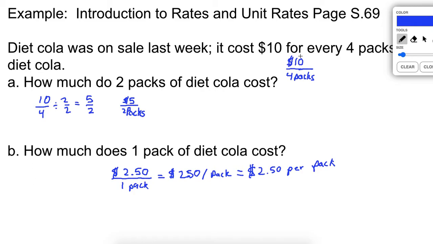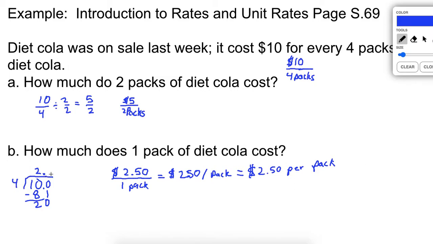If we have 10 and we want our unit rate, we take 10 divided by 4. 4 goes into 10, 2 times, that'd be 8. Subtract that down, we get 2. Put our decimal there so we can bring down another 0, and our decimal will be there in our answer.